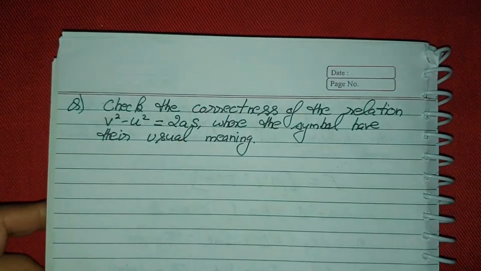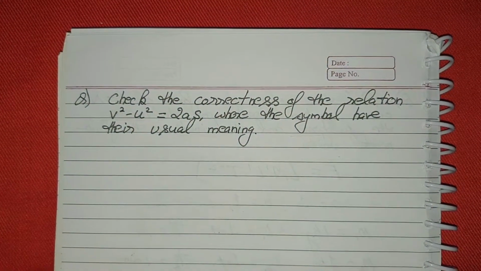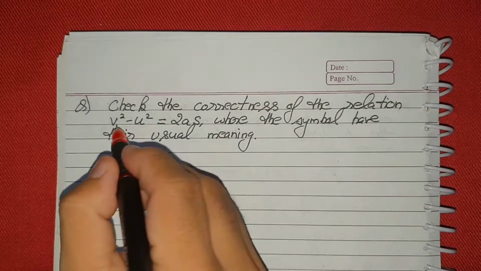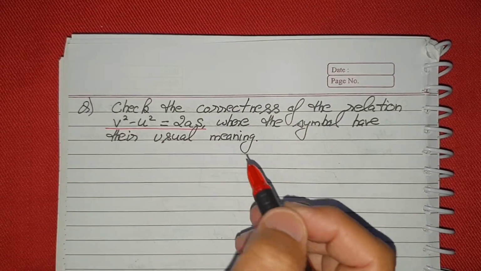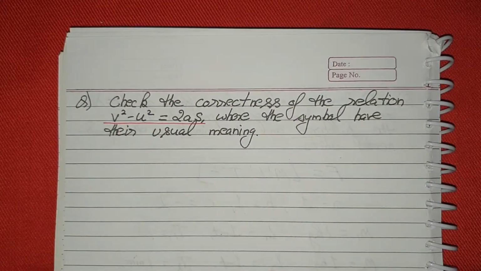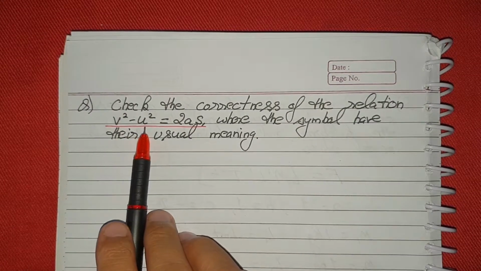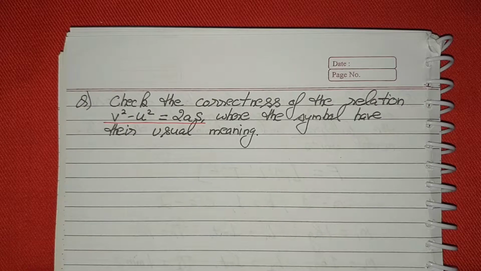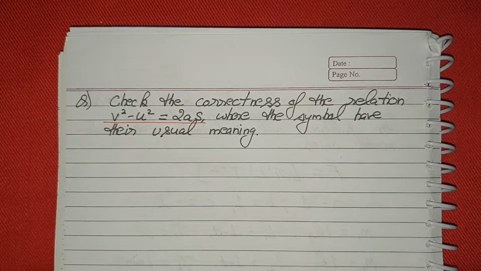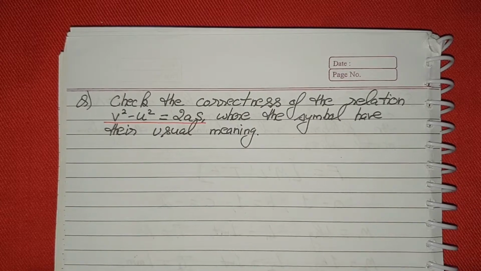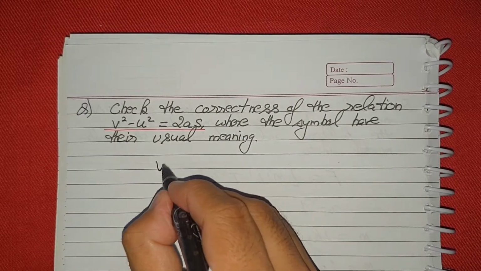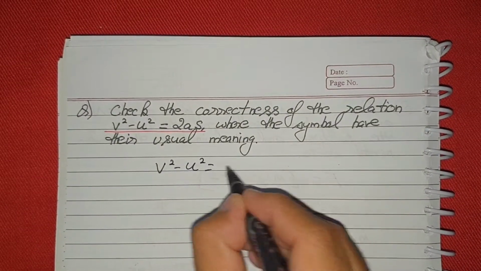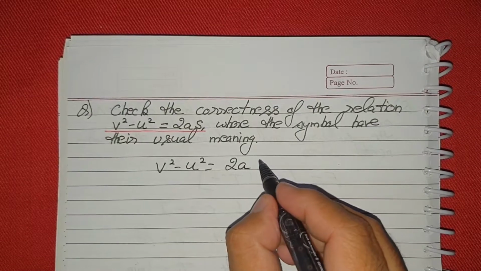Here's the question. Check the correctness of the relation v square minus u square is 2as, where the symbols have the usual meaning. You know that v is final velocity, u is initial velocity, a is acceleration, and s is the displacement traveled.